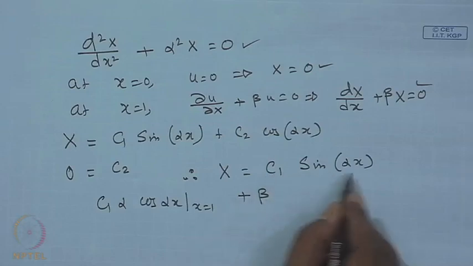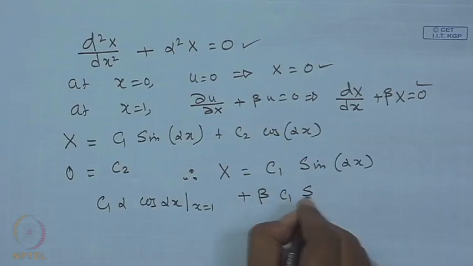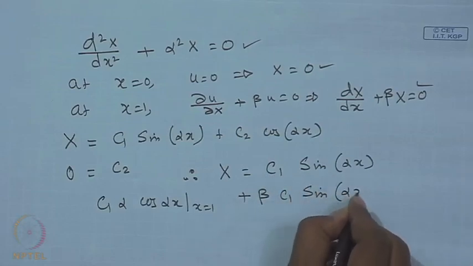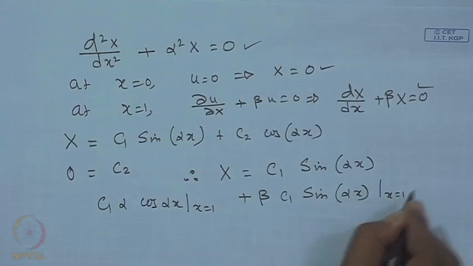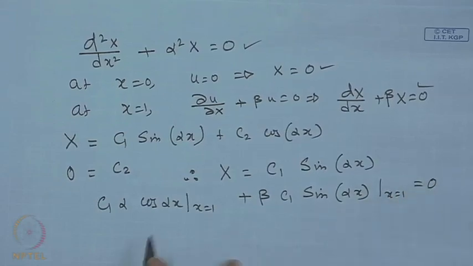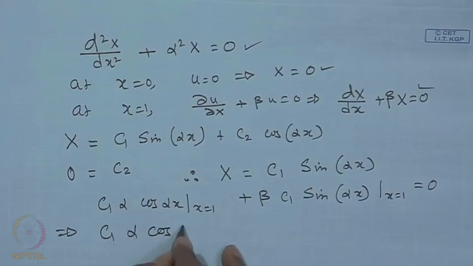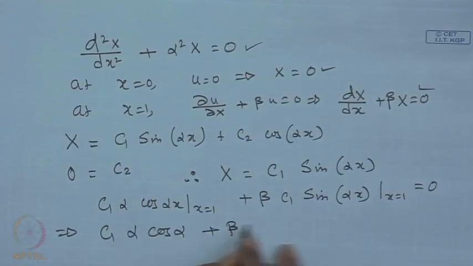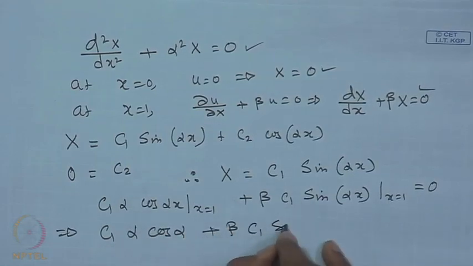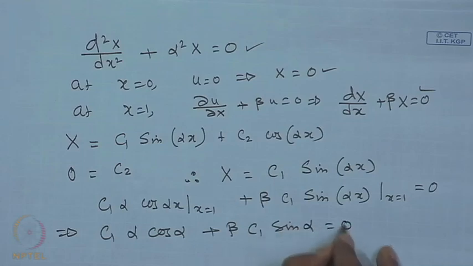C1 sin alpha x evaluated at x is equal to 1 should be equal to 0. So, therefore, C1 alpha cosine alpha plus beta C1 sin alpha is equal to 0.